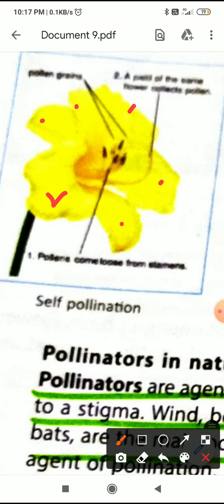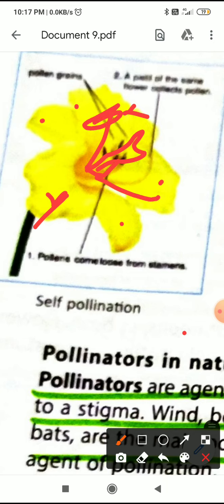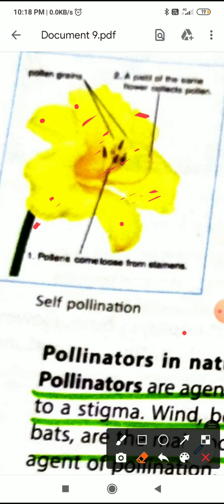Between the petals you will find the central portion, containing the pistil, and in this way, the stamen. Stamen is the male part of the flower. Pistil is the female part of the flower.